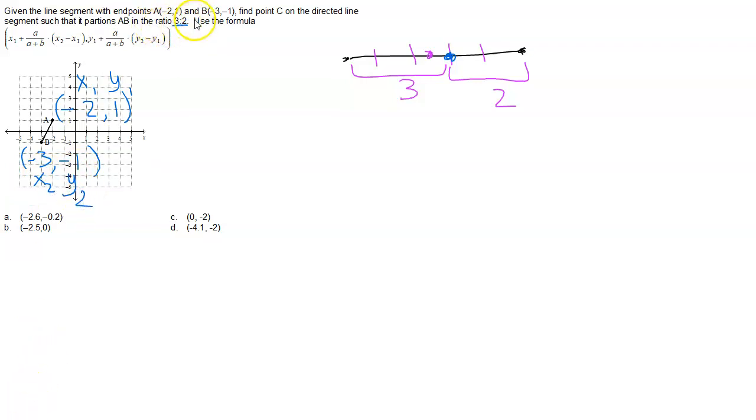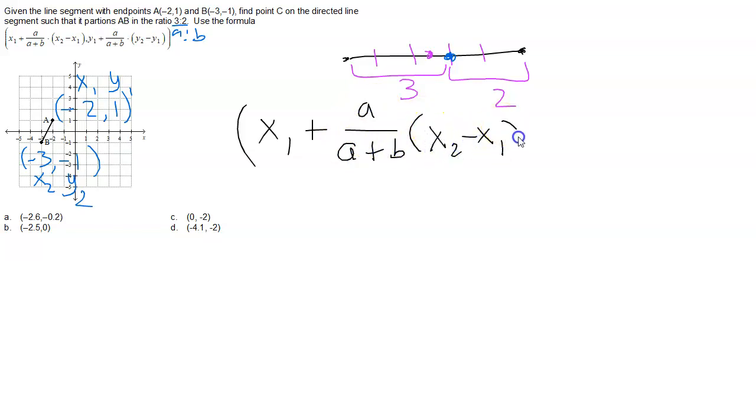And for the given ratio, we always do a first, b second. So the 3 is the A, the 2 is the B. That's all the information we need to plug into that formula. Even though it's a long formula, all we're going to do is replace a whole bunch of things with numbers and then simplify. I'm going to rewrite the formula a little bigger and then show you what it looks like when we plug in our values.